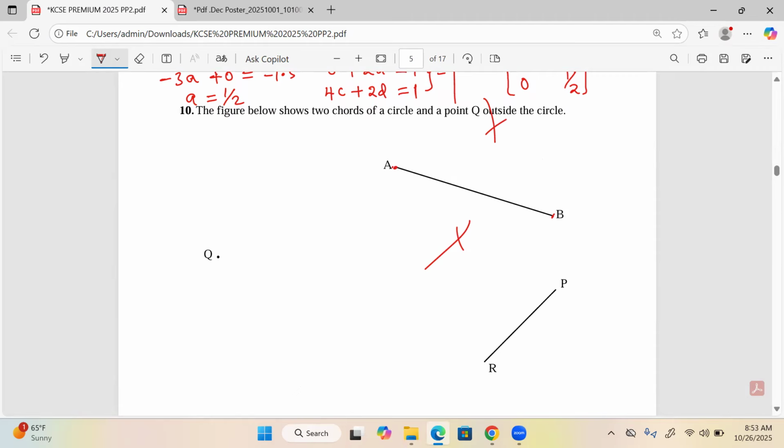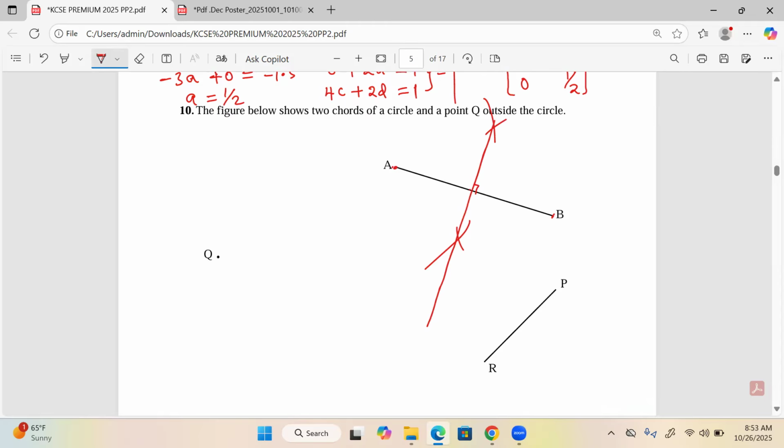So one thing that you're supposed to be sure about is that the perpendicular bisector shall enable us to identify the center. So this bisector now passes through the center like that. So it shall pass through the center of the unknown circle.